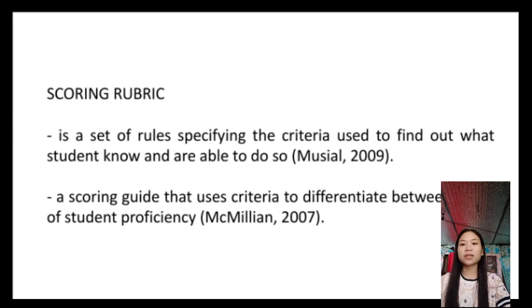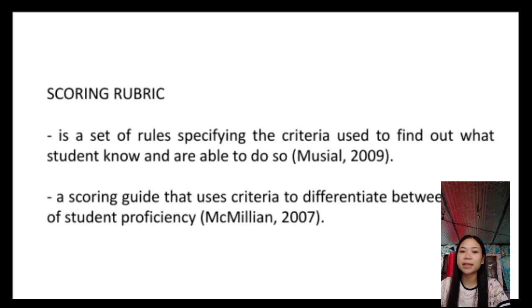A scoring rubric serves as a structured framework for evaluating student performance based on predetermined criteria. It outlines the specific standards or expectations for assessing what students know and can do in relation to a particular task or assignment. Essentially, a rubric provides clear guidelines for educators to objectively assess student work.